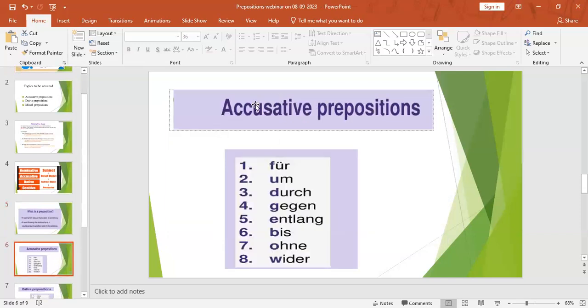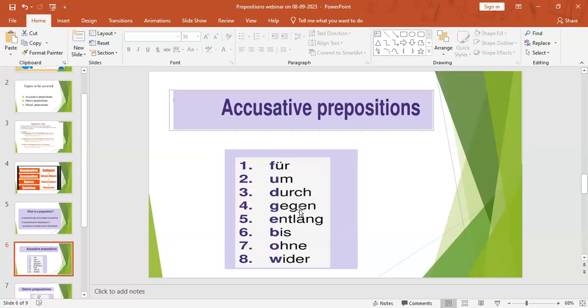Next, these are the accusative prepositions. I'm going to take more examples for every preposition, and I'm going to make the examples for the accusative. I'm going to show how the changes in the bestimmter article happen with respect to the cases, whether it is accusative or dative. Now, für means for. Um means around.